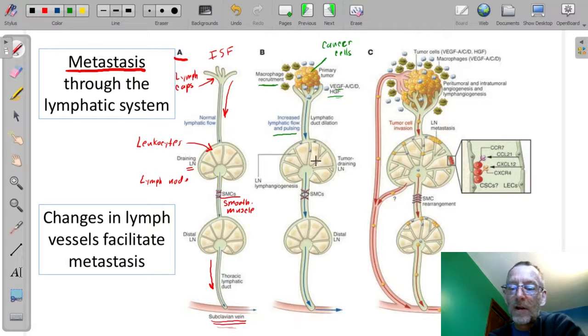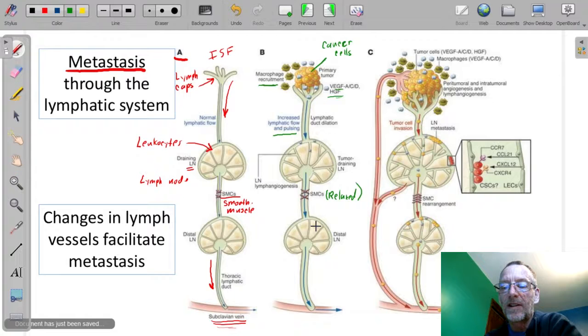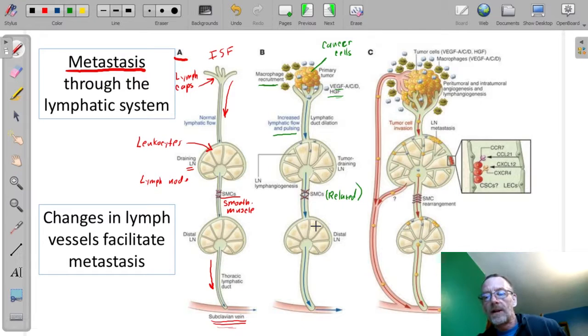Increased lymph flow, and it drains through the lymph nodes, and here the smooth muscle cells are relaxed. And that also facilitates flow through this lymphatic system and makes it easier for cancer cells to spread through the lymph system.